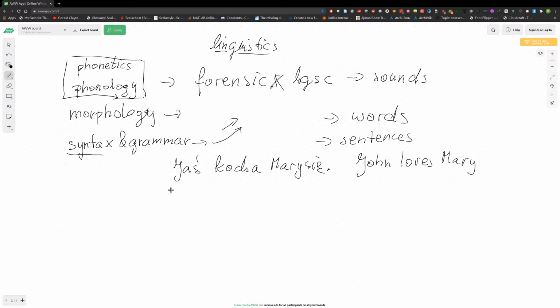So, for example, kocha Jaś Marysię. Again, the same meaning, different word order, same structures, still maps to the same translation. Right? And we can see that we can permute all these words in different orders, and it'll still maintain the meaning because of the flexions, which again are studies that morphology is interested in.